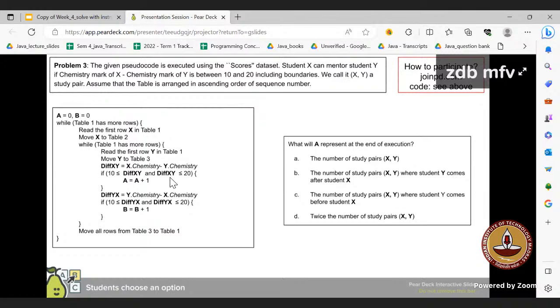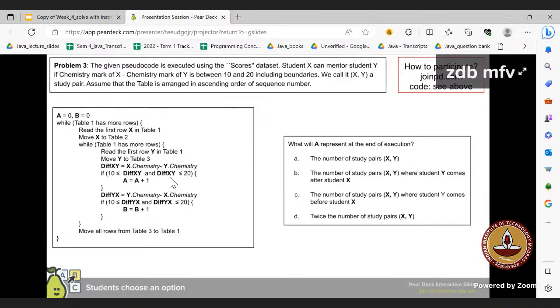The students from X part which have scored, it contains the number of cards whose X minus Y difference is between 10 and 20.